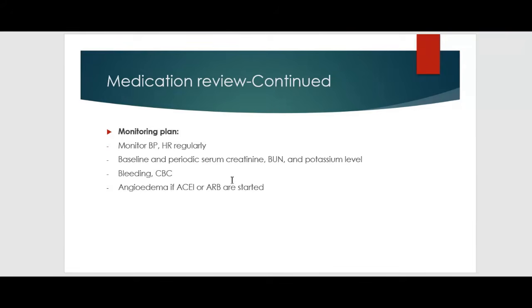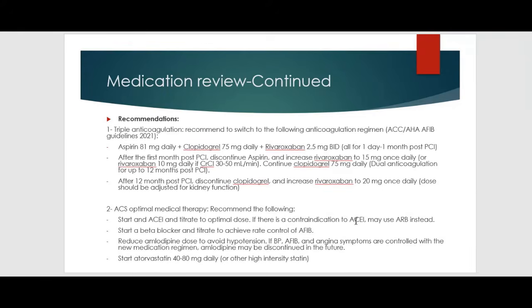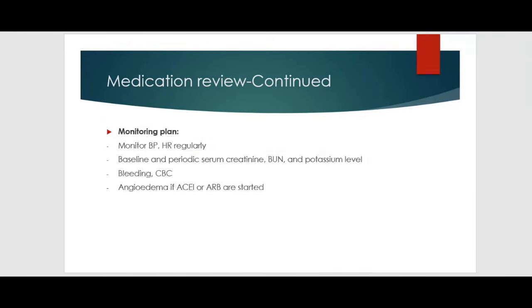Baseline and periodic serum creatinine, blood urea nitrogen, and potassium levels. And do you know why we're doing these? Because we are starting an ACE inhibitor or ARB, and you have to make sure that you have baseline data on all of these.